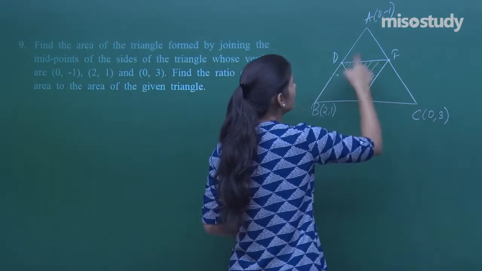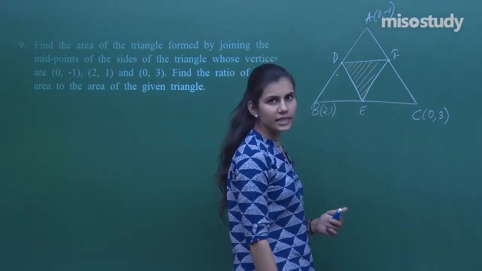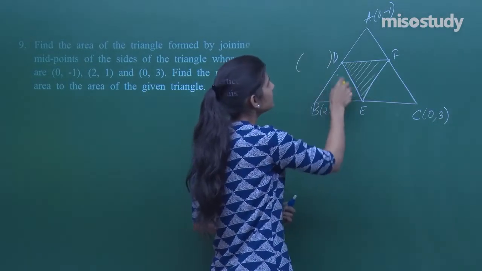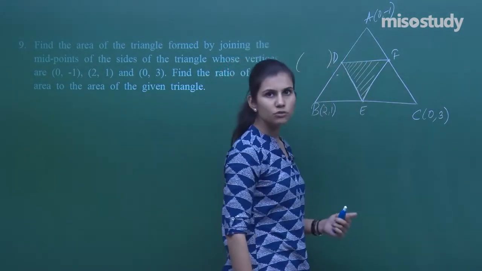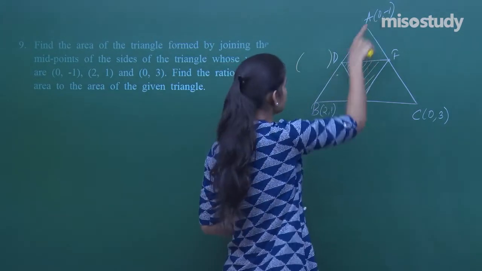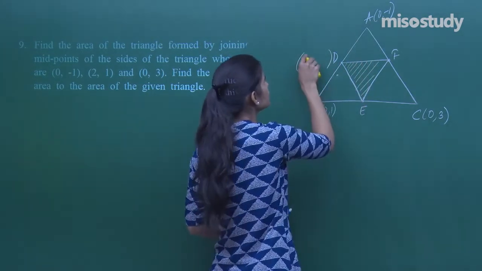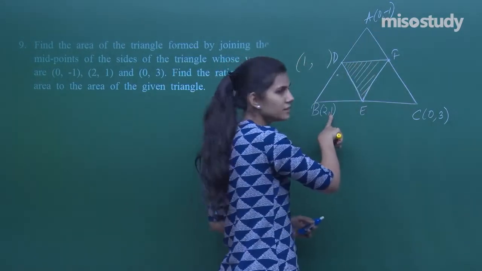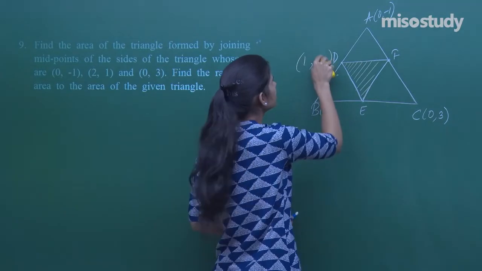For that I will have to compute the coordinates of the vertices D, E and F. What are the coordinates of point D? It's very easy, because D is the midpoint of AB. Use the section formula for the midpoint. You get x coordinate of D is (0 plus 2) divided by 2, that is 1, and y coordinate is (minus 1 plus 1) divided by 2, which is 0.